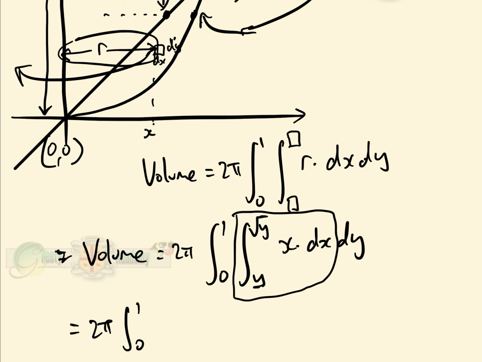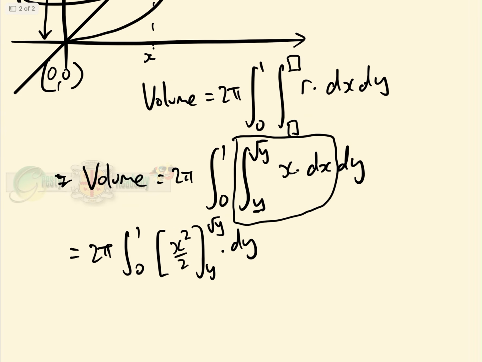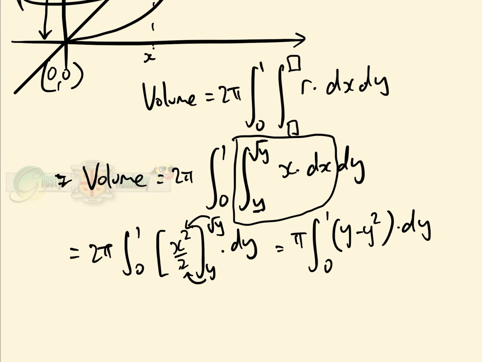Doing the inner integral first, that becomes x squared over 2 between root y and y dy. We've still got to do the outer integral, and that equals, taking that 2 out, pi, integral between 1 and 0, sticking root y in there first gives us y, and then sticking y in there, minus y squared dy, and we're almost there now.